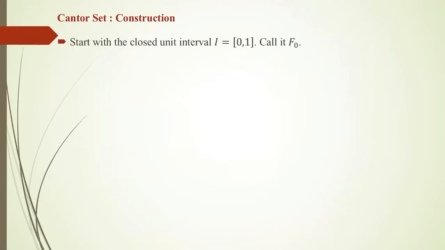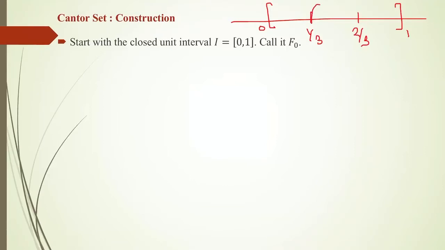We are starting with the unit interval, the closed interval [0, 1], and for the time being let's call it F0. Next we divide this interval into 3 equal parts, so that we get 1/3 here and 2/3 here.